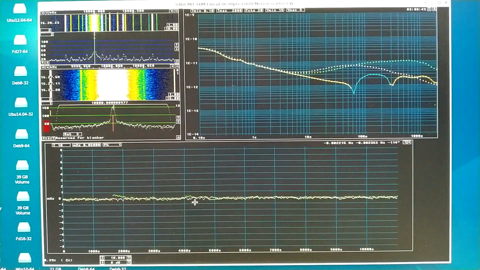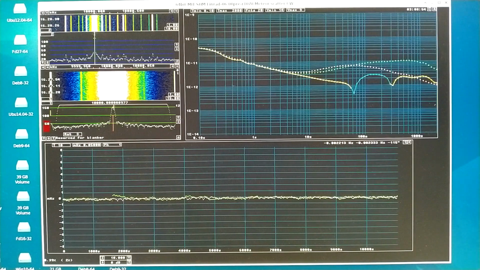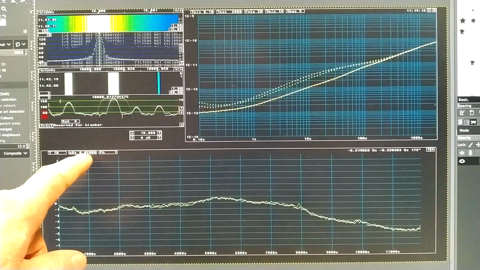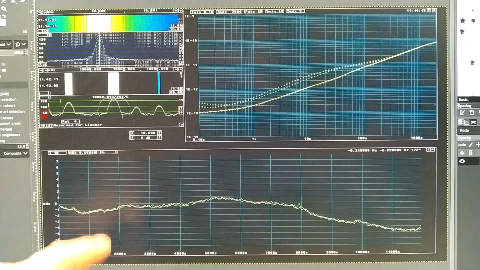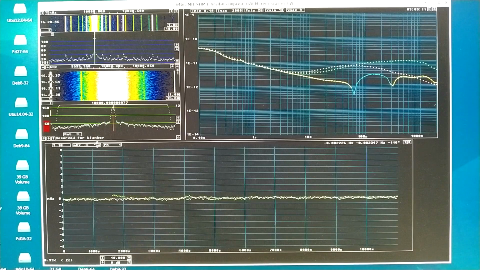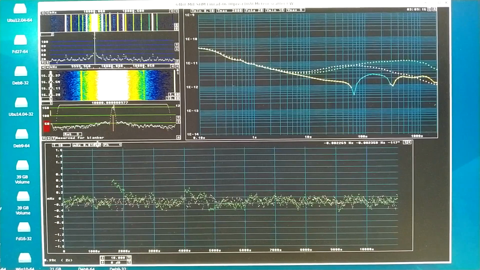To see this better, I have the same scales as I had here. 0.05 for the amplitude on the frequency scale. And I can look better. 0.01. And here it's very obvious that there is a problem in the channel 1 oscillator.